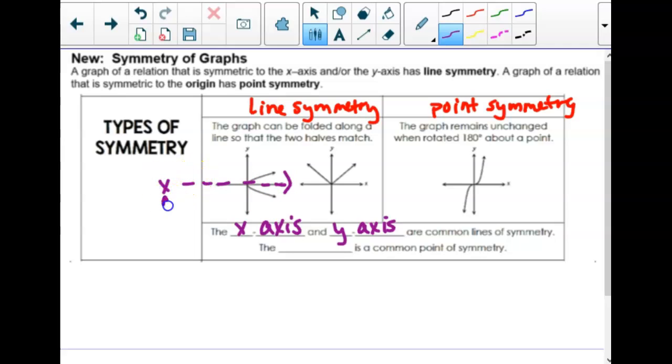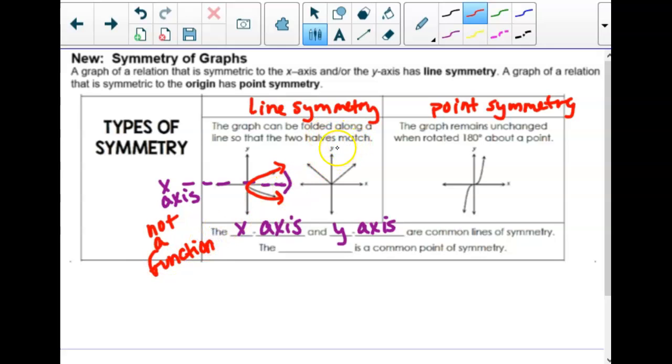So x-axis symmetry, what's wrong with that? In terms of why we don't talk much about that: is a graph that has x-axis symmetry even a function? No. So x-axis symmetry is not a function.